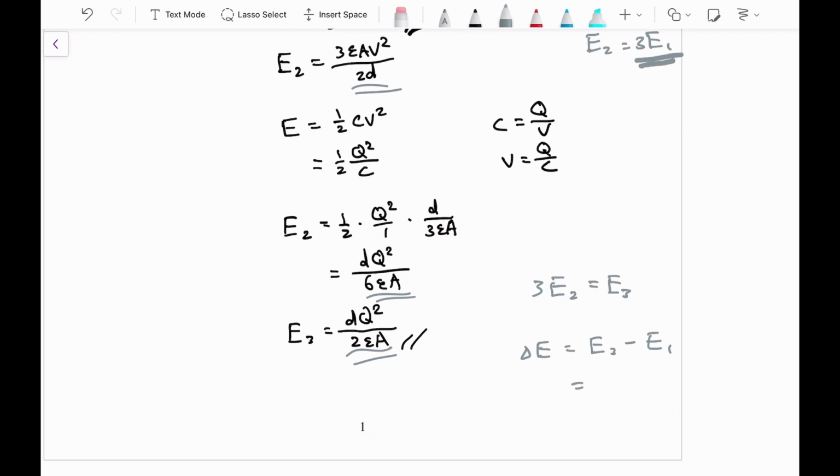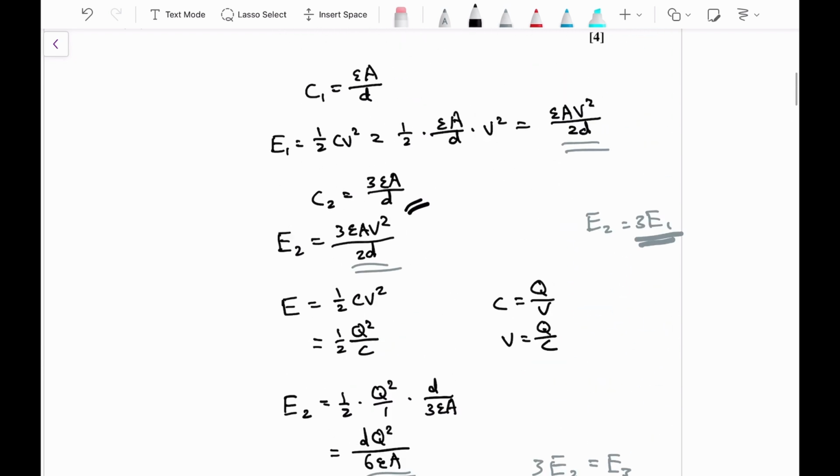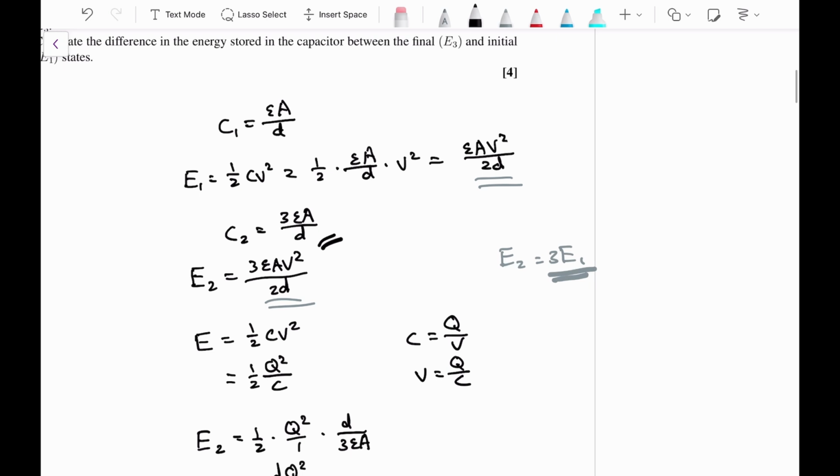So it will be 9E1 minus E1, and that will be 8E1. We just have to multiply this formula by 8, and that will be the difference in the energy. So the final difference in energy will be 4 epsilon A V squared over D, and that will be the answer to the question.